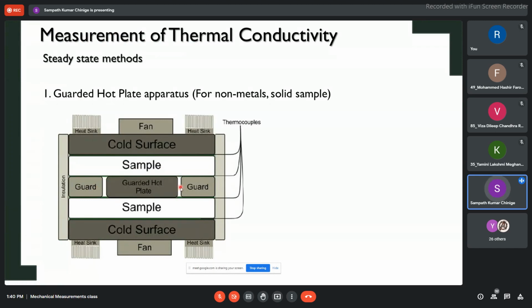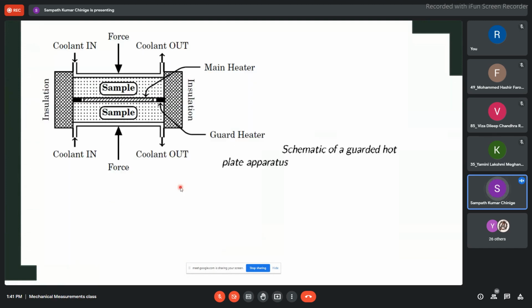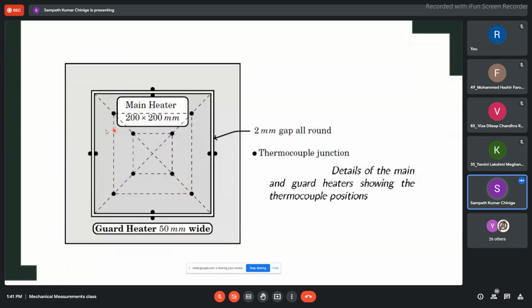Why have they kept the gap? For example, even if you look at this, this is the actual heater. Okay, this is the main heater. The center one is the main heater. You can see, and there is a 2 mm gap all around the periphery. Okay, 2 mm gap all around the periphery, and then we have these guarded heaters, left, right, top, bottom. Therefore, the heat transfer will be either from the front to the back.